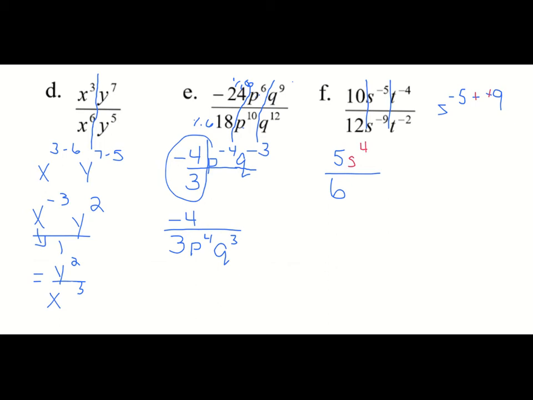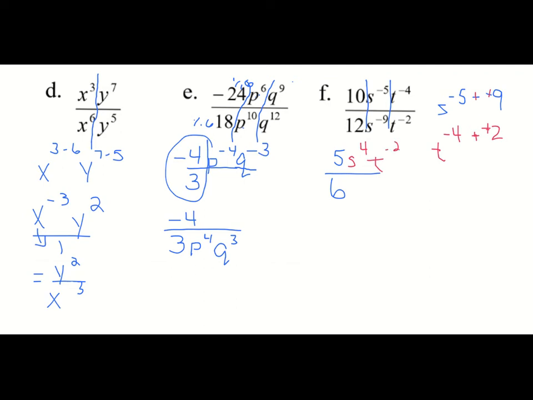And again, if you're not remembering the rules for positive and negative numbers, look up rules for integers and subtracting integers, multiplying and dividing if you need to. Now for t, it's negative 4 minus negative 2, so it becomes plus a positive. And that becomes negative 4 plus positive 2 will give us t to the negative 2nd power.